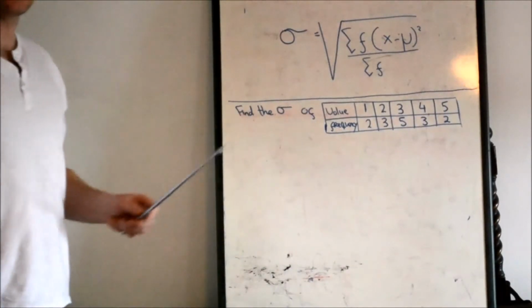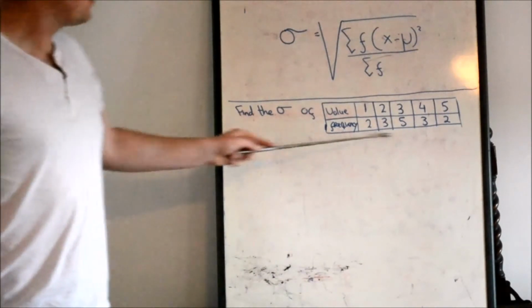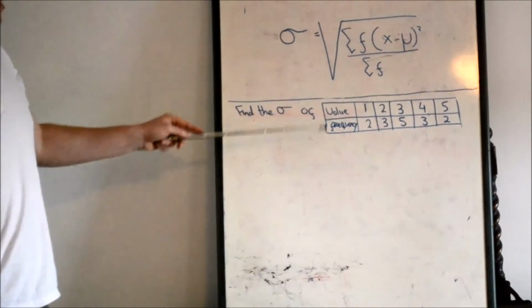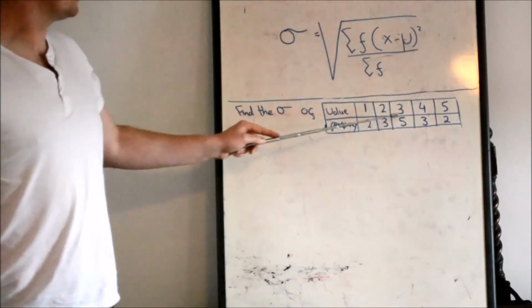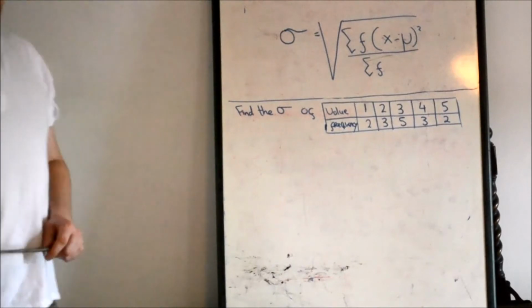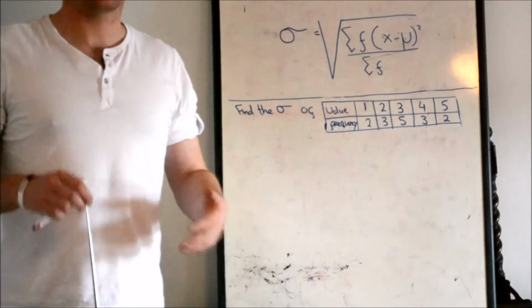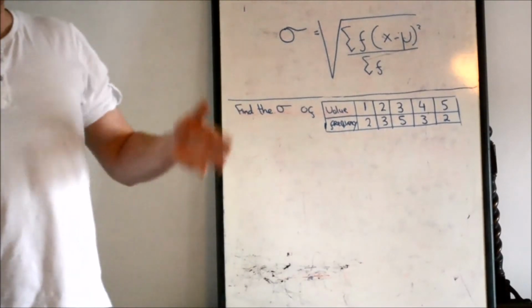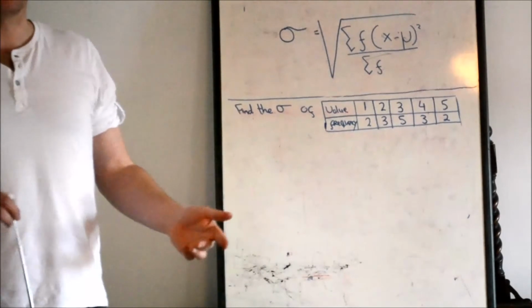So, the question we're asked, find the standard deviation of, and we have a frequency table here. We have the values 1, 2, 3, 4, 5 and the frequencies 2, 3, 5, 3 and 2. Now let's just take an example of a diver, okay? So, you know, the show diving, in the Olympics. They dive off a platform and they can score between 1 and 5.